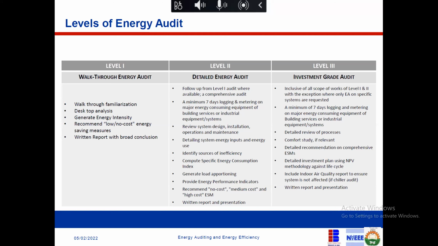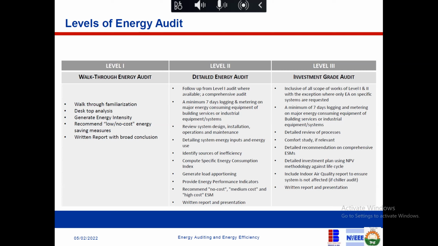Number one, I can see the levels of energy audits. Can all of these levels be collapsed into one? Say, at level 2, can I carry out an audit and still meet the expectations required by a client for a level 3, whereby a detailed energy audit was carried out, and some level of investment grade audit was also collapsed into that level 2?